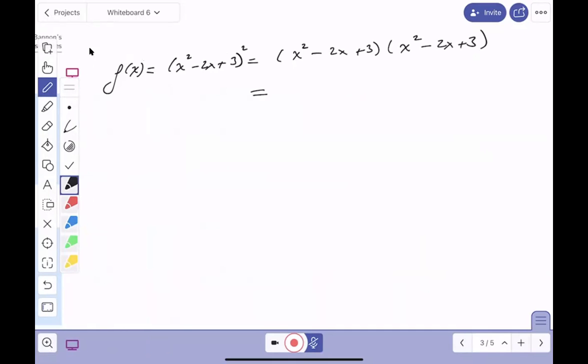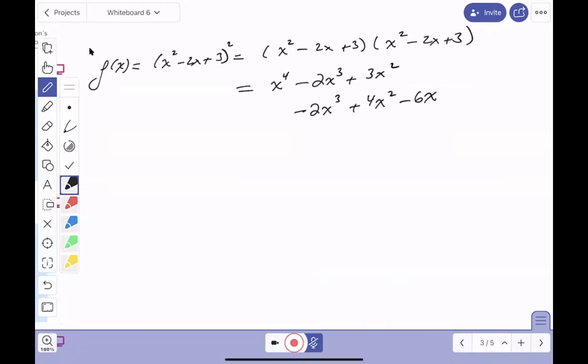We're going to use the distributive property of multiplication. X to the fourth minus 2x cubed. I'm distributing x squared across the three terms plus 3x squared. Now I'm going to distribute minus 2x across those three terms. What are you going to get? Minus 2x cubed plus 4x squared minus 6x.